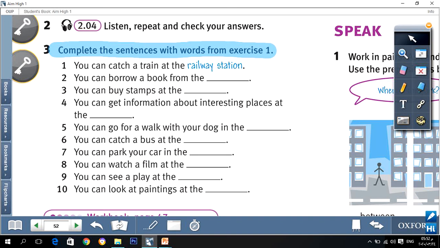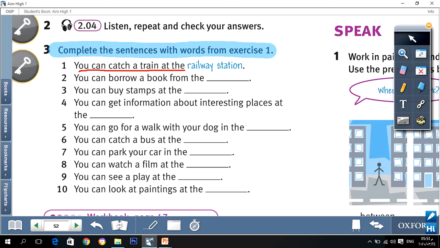So they say here, you can catch a train at the railway station. So what about the rest? Number 2, you can borrow a book from the... Who can guess? Okay, my dear students, I have decided to leave this exercise for you to do alone at home.